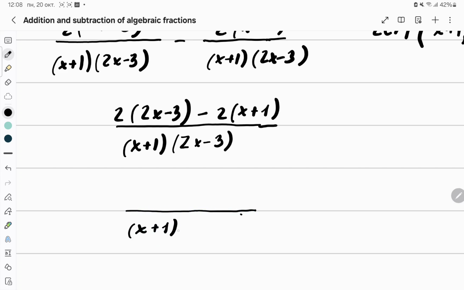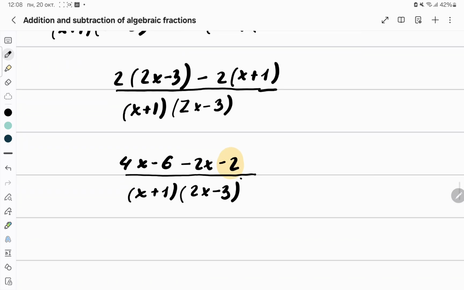It's also a tricky step if we have a minus before the brackets, like here. So for 4x minus 6 and minus 2x minus 2. This is a very popular mistake. So minus 2 multiplied by 1 is minus 2. Okay, now we have like terms. So you see, we can simplify further. It is 2x, and minus 6 minus 2 is minus 8.